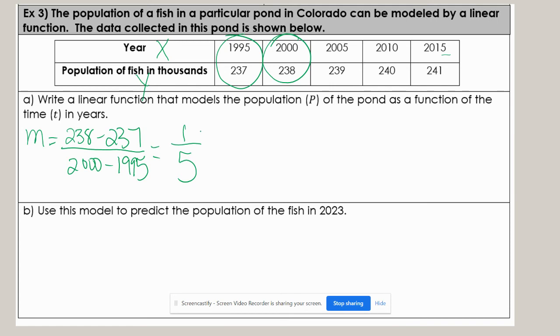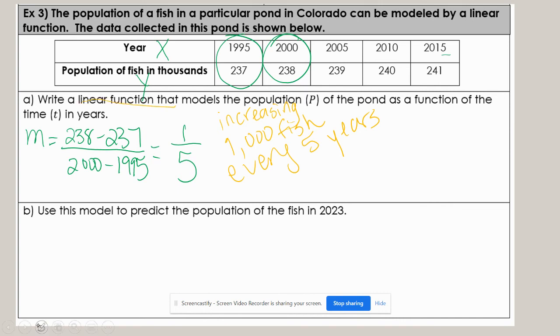Remember, this one is really 1,000. So we're increasing 1,000. I'm going to put this on here. Increasing 1,000 fish every 5 years. 1,000 fish every 5 years.